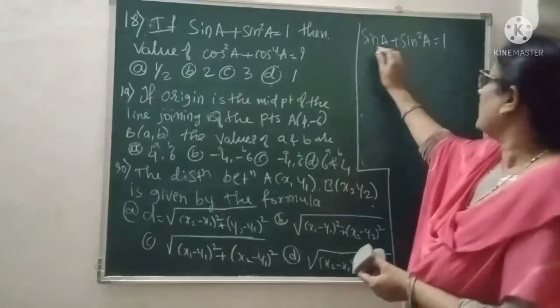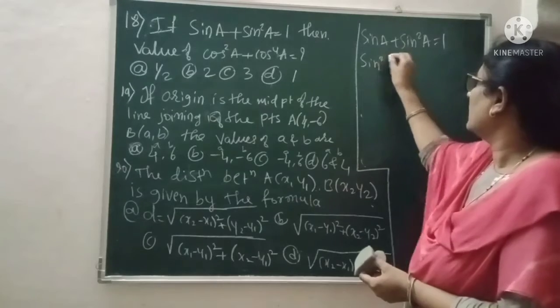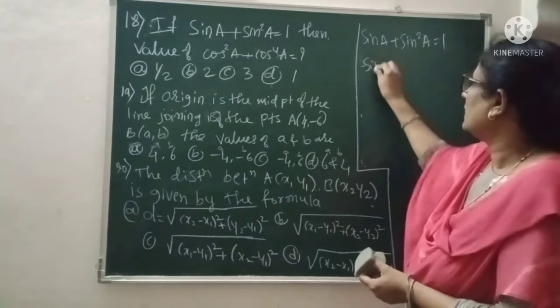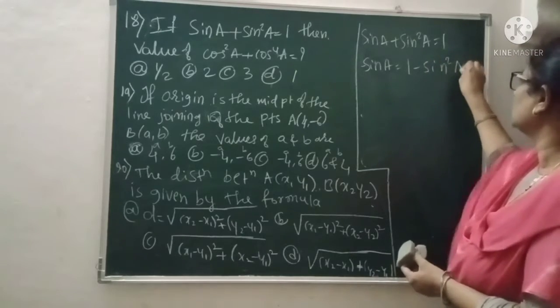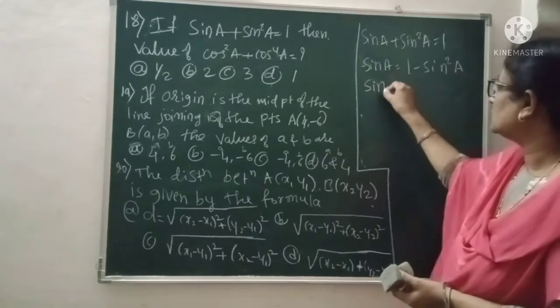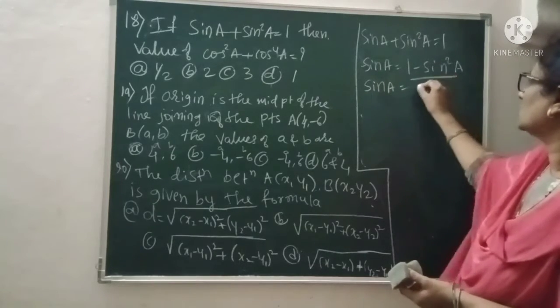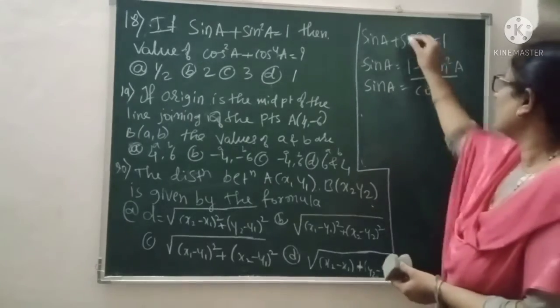Now look at this one. I am taking help of the given. I am writing sin a as 1 minus sin square a, as I am transferring the sin square a to this side. That means I am getting sin a is equal to cos square a because of the formula. What is the formula?